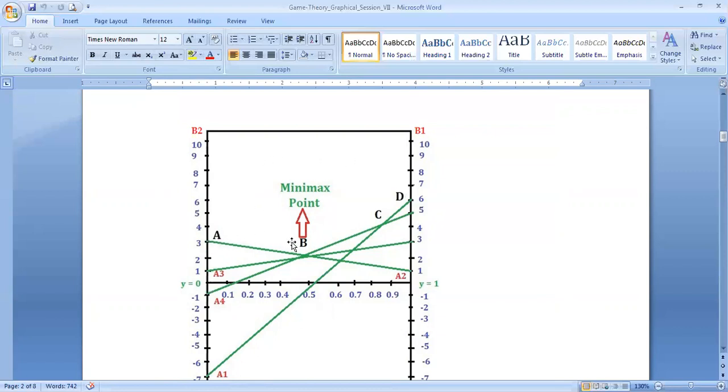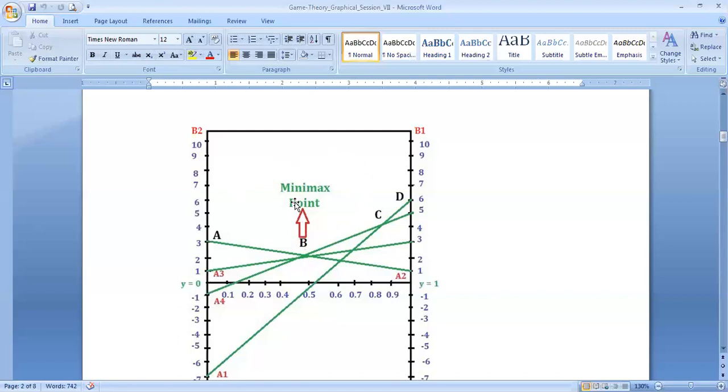Among A, B, C, D, these intersecting points, this B is the lowest point, or the point lying lower. So this point we call the minimax point. The B point is the minimax. I hope you understood. This is the area which we call the maximum area.